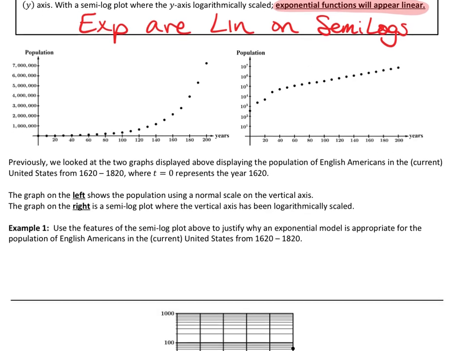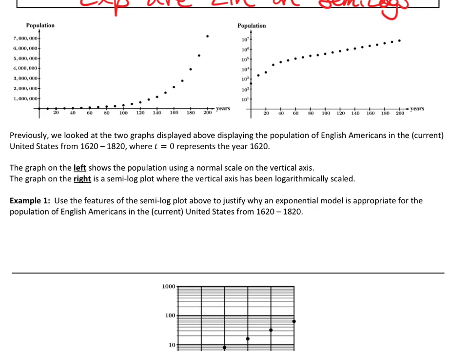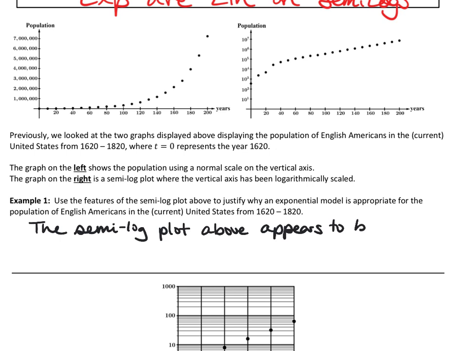So example 1 says, use the features of the semi-log plot to justify why an exponential model is appropriate for the population of English Americans in the current United States from 1620 to 1820. So exactly what we said before, we would write in words, and yes, it's a writing example. We would say the semi-log plot above appears to be linear after approximately 40 years.